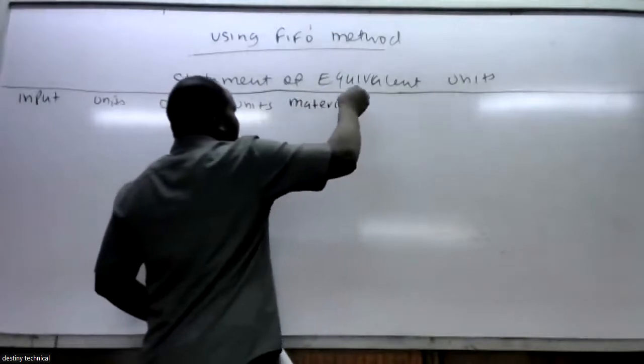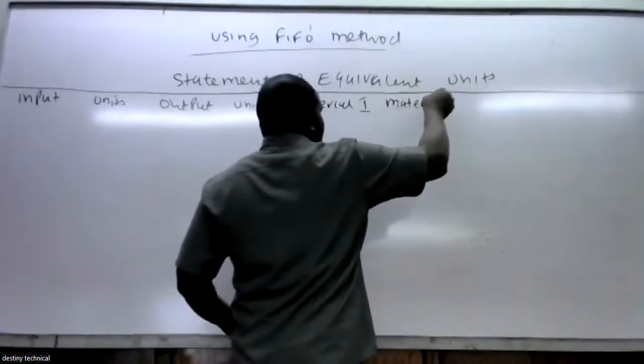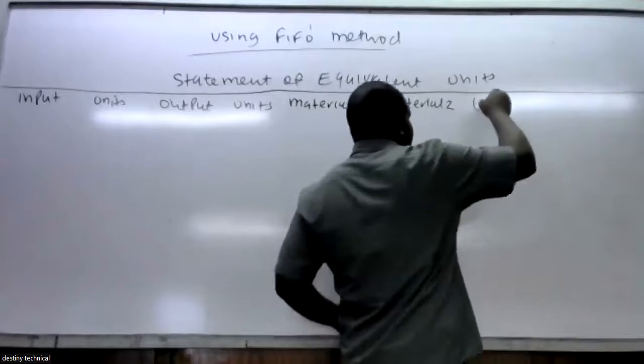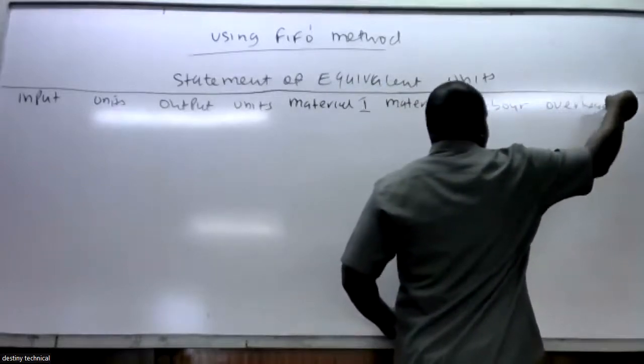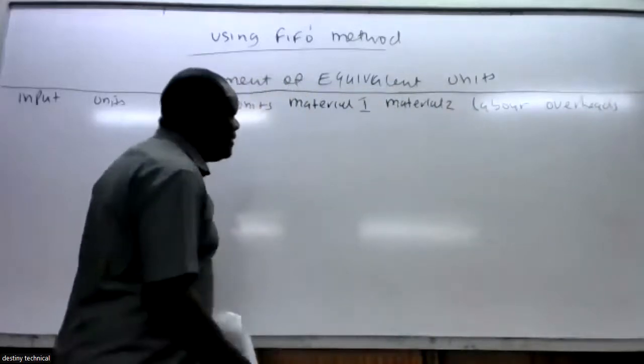We have material 1, material 2. There is also labor and also overheads. So they were meant to be summarized in that order.